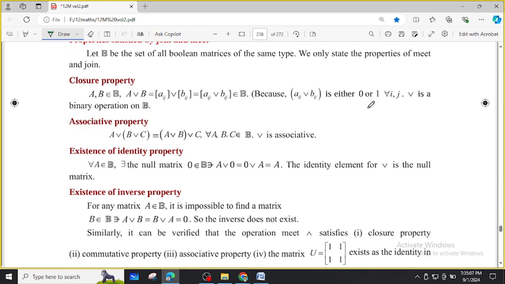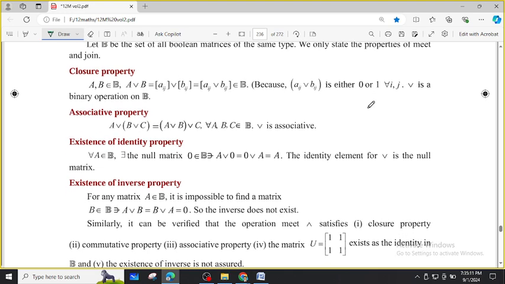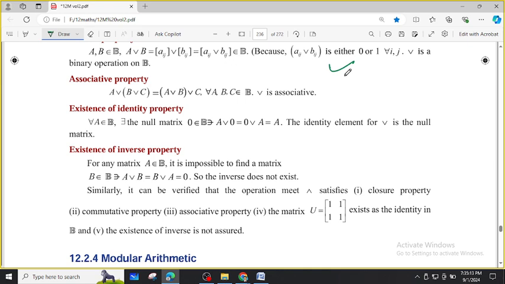Whether the Boolean matrix is closed: yes sir, it is a closed operation, it is associative, and has an identity element. 0 is the identity for the Boolean join, the null matrix.